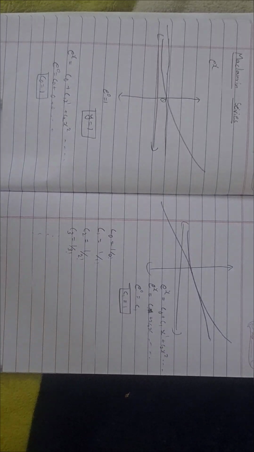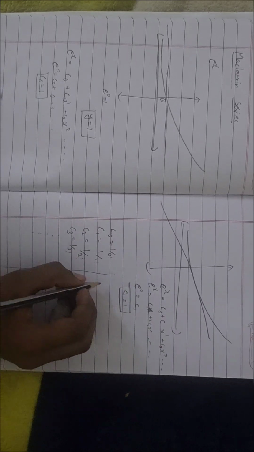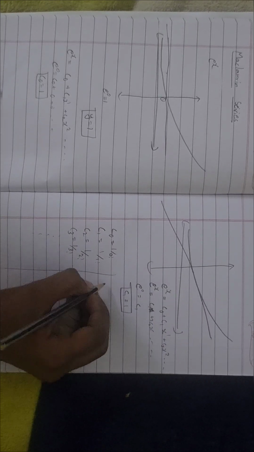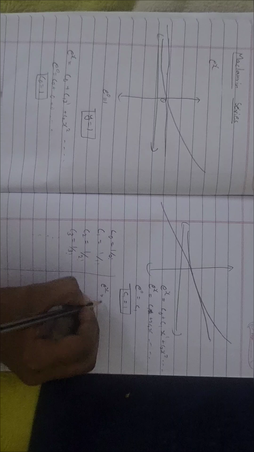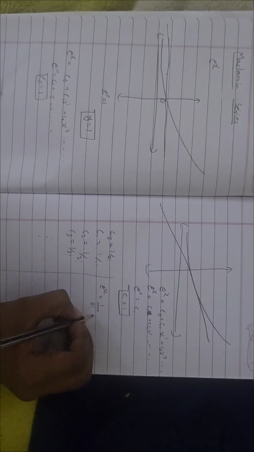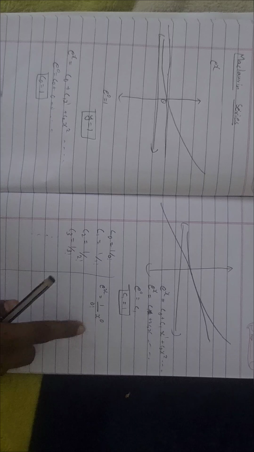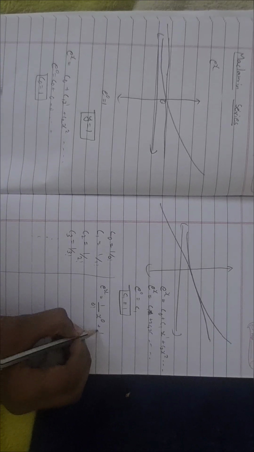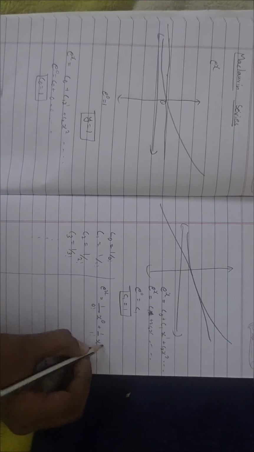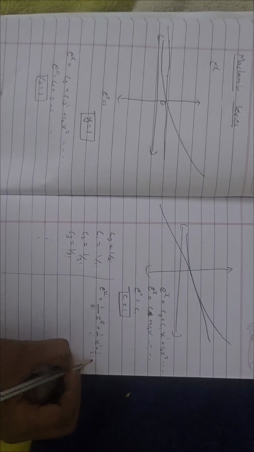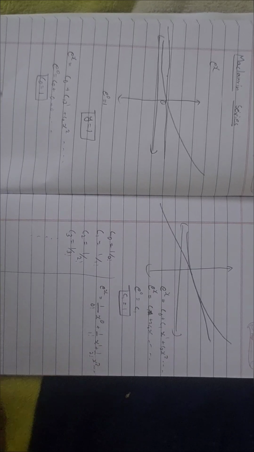and so on. So now we can write that e to the x equals 1 by 0 factorial x to the 0, which is just 1, plus 1 by 1 factorial x to the 1 plus 1 by 2 factorial x to the 2, and so on.